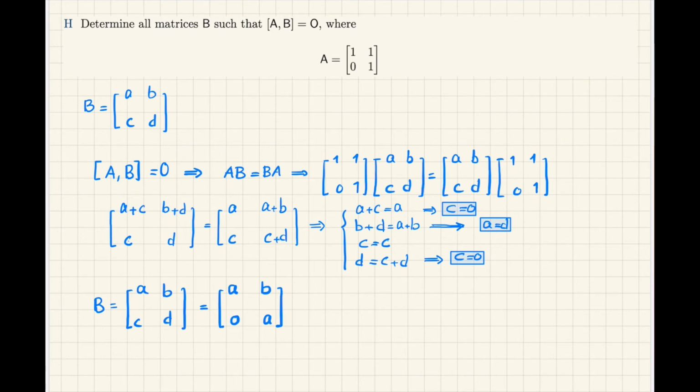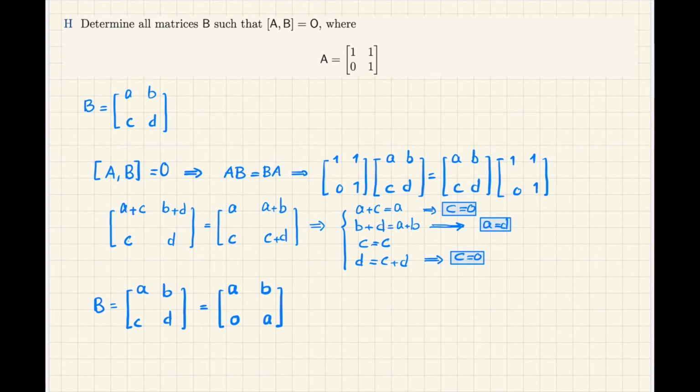So if I have a matrix of this form in which this off-diagonal entry is 0, this off-diagonal entry is an arbitrary number, and the entries on the main diagonal are equal, then I will have a matrix which is definitely a commuting matrix, a matrix that commutes with matrix A. Okay?